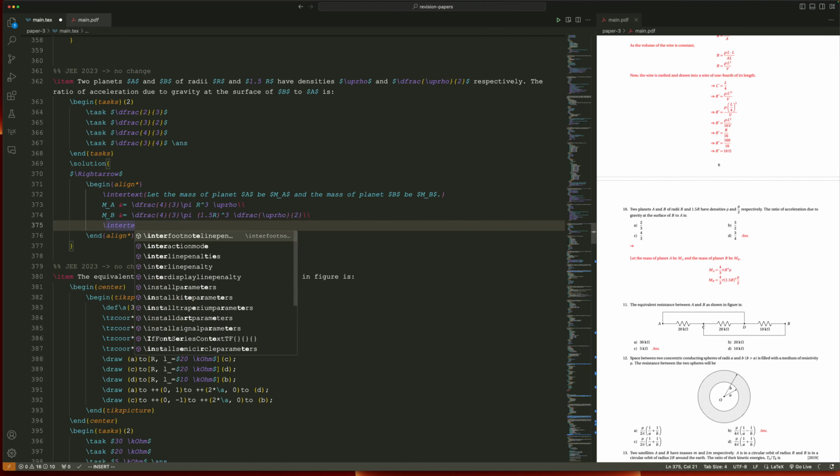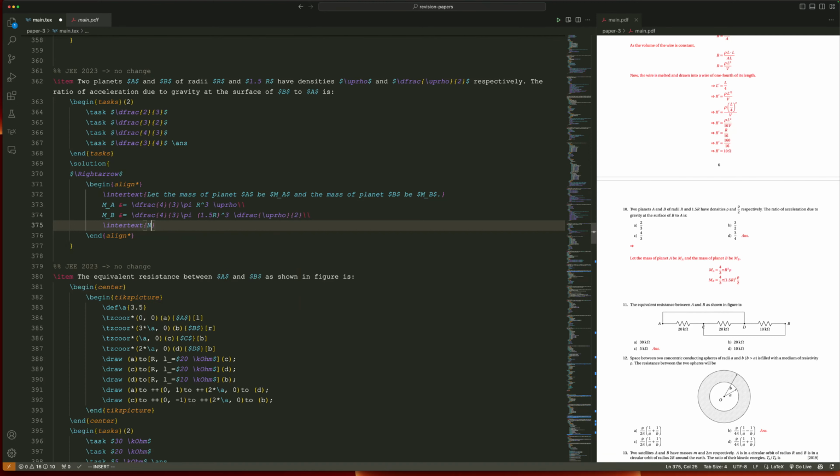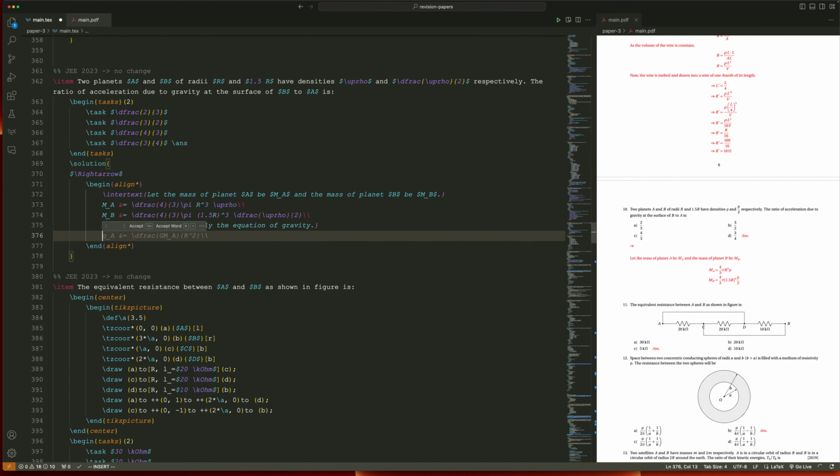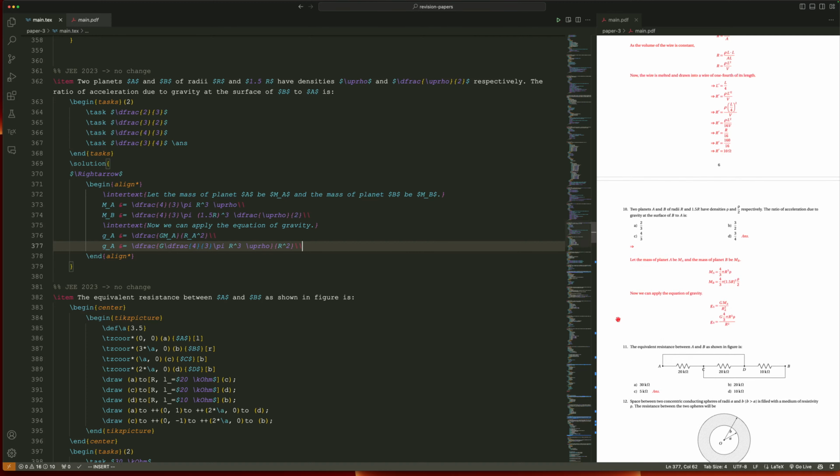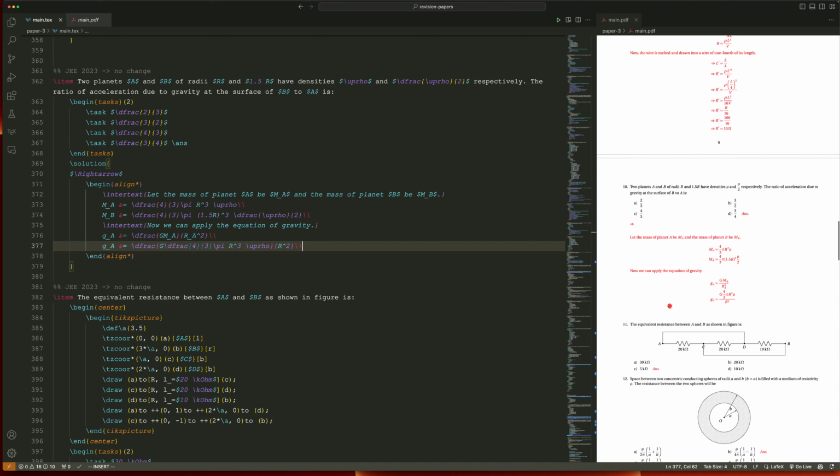Now we can apply the equation for gravity. Yes, for planet A, GA, RA should be there. Let's run it first. So GA, yeah, is perfectly fine.